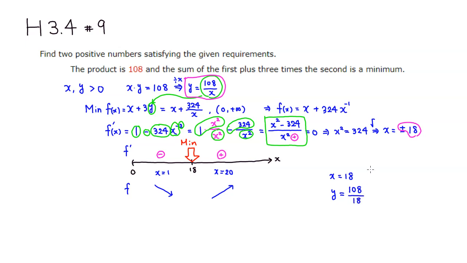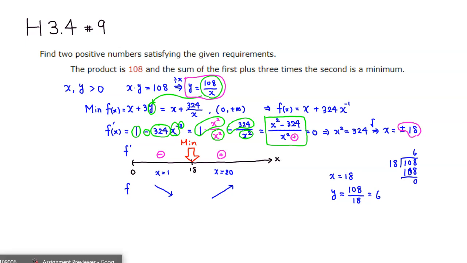So what's this? It's hopefully a good number. Is it 6? 6 times 8 is 48, and 6 times 1 is 6. So yep, this is actually 6. All right, so x is 18 and y is 6.